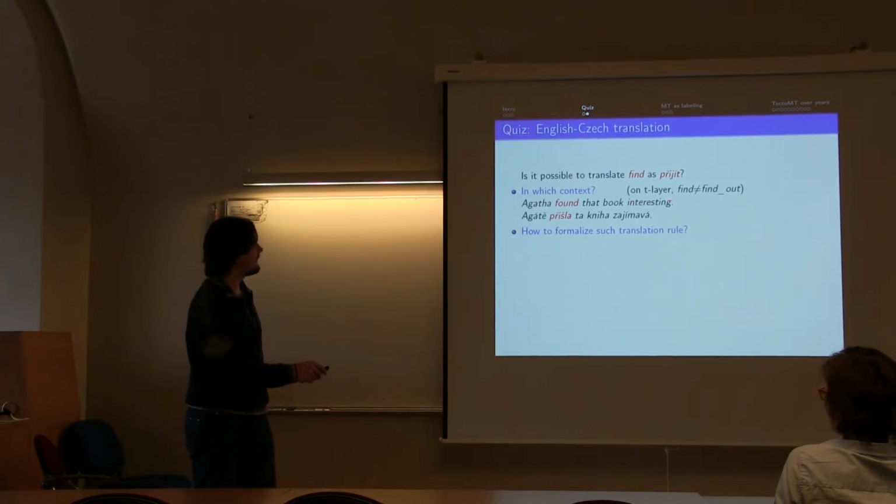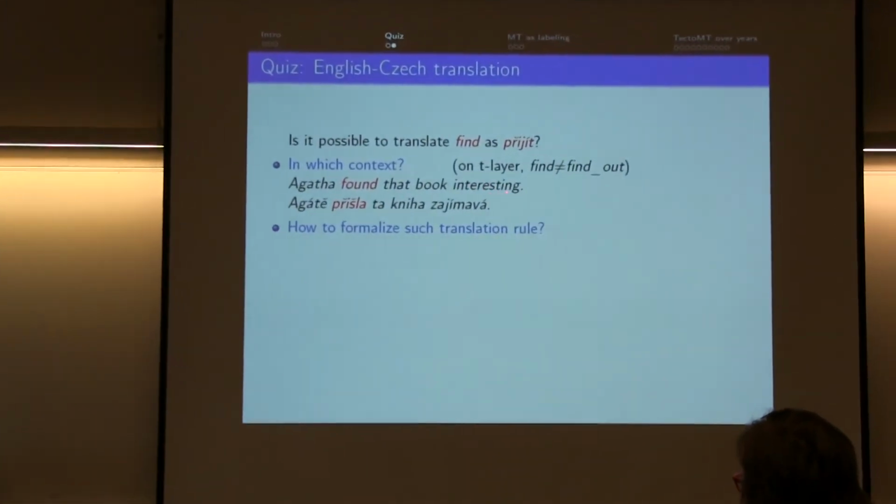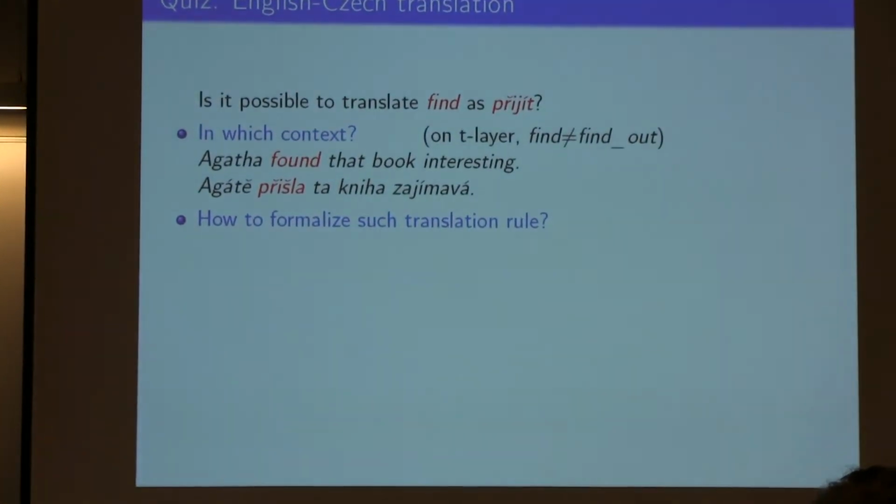So you think that the interesting should be translated as přišla? No, if you have children or yes, child, find. So this is the verb find, and its dependency child is interesting, and it's some adjective. We call it complement. In English it would probably be called predicative, I think.